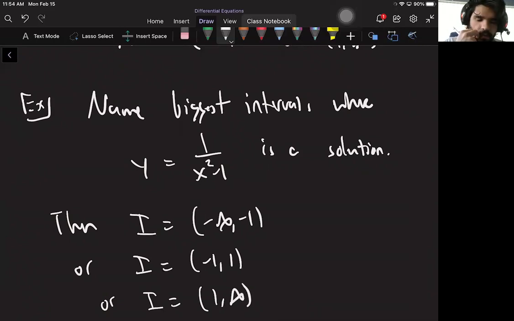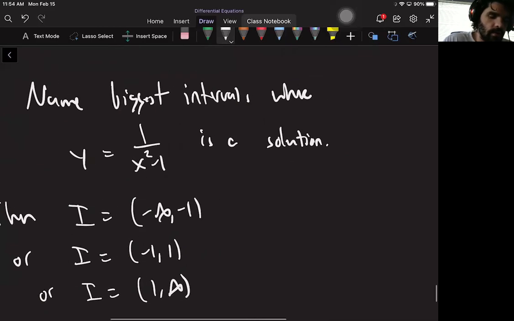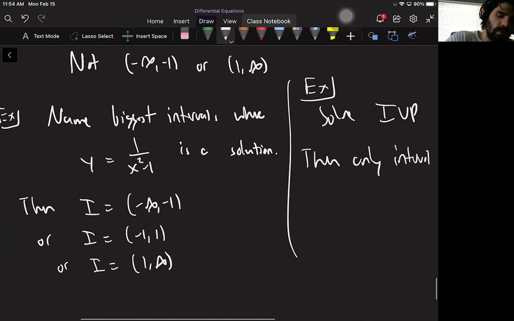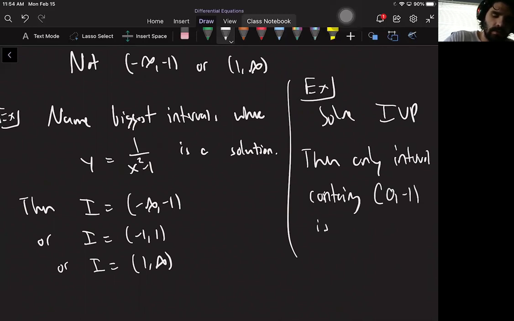It could be any of the biggest intervals not containing the undefined points. But if I say solve the initial value problem, then only the interval containing 0, -1 is the correct one. Okay, so we just got to keep that distinction clear.